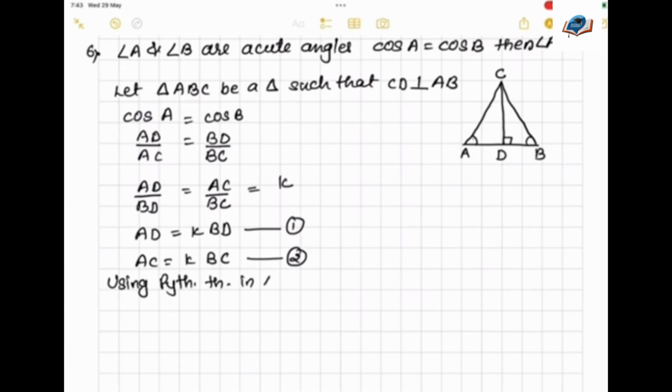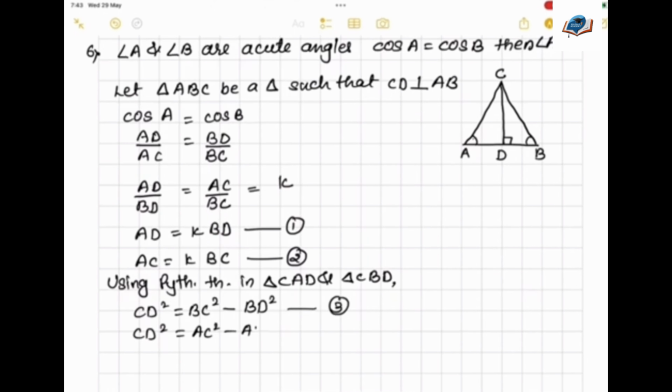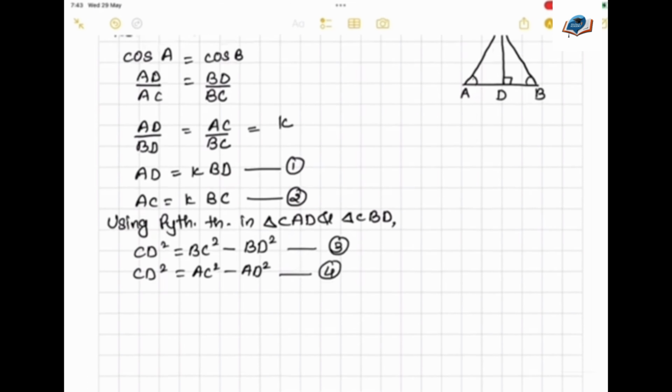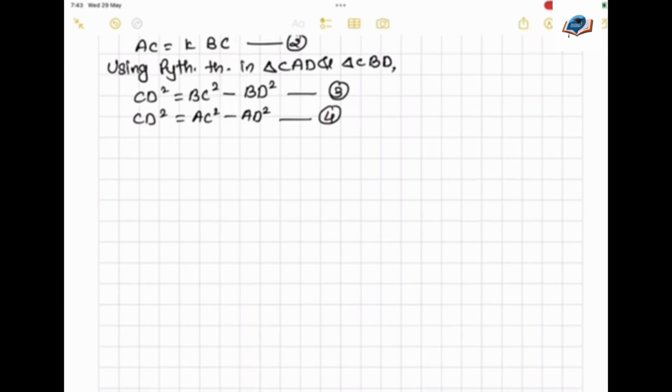Now using Pythagoras theorem in triangle CAD and triangle CBD, CD square equals BC square minus BD square, that is third, and CD square equals AC square minus AD square, that is fourth.